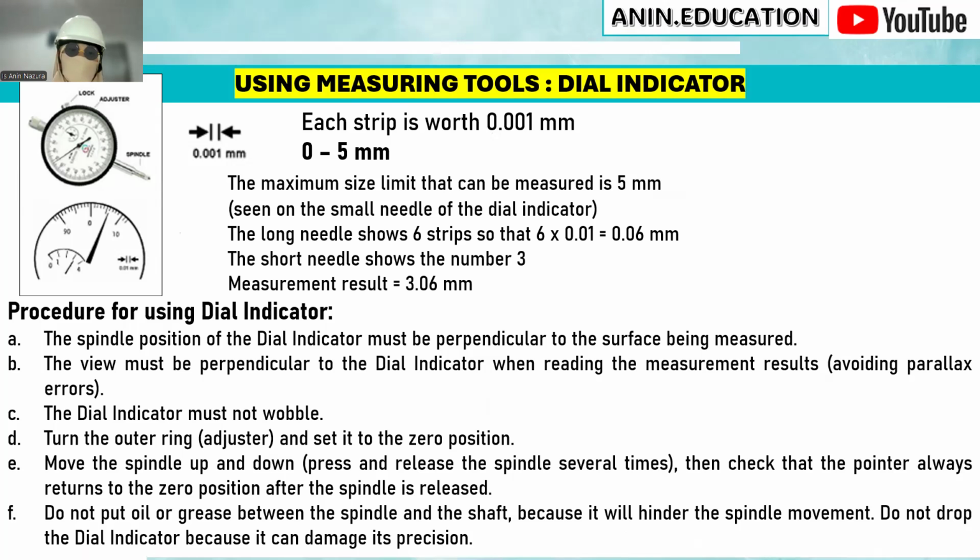Move the spindle down, press and release the spindle several times. Then check that the pointer always returns to the zero position after the spindle is pressed and released. Do not put oil or grease between the spindle and the shaft because it will hinder the spindle movement. Do not drop the dial indicator because it can damage its precision.